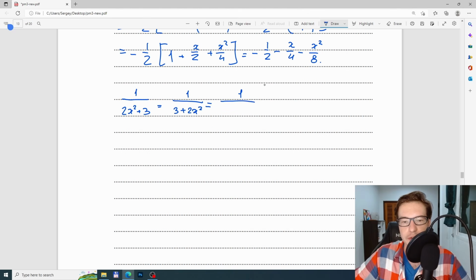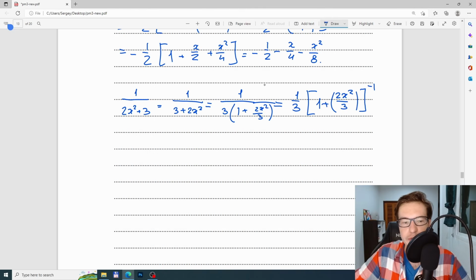I'm going to factor out 3. So I get 1 plus 2x squared over 3. That equals a third times the bracket 1 plus 2x squared over 3 to the power of minus 1.